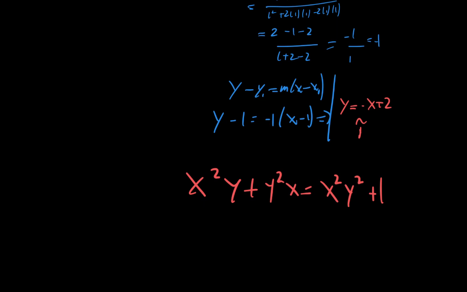So we went from this expression, I should say, and we found that at the point 1, 1, this is our tangent line. If we were to plot this, say on Desmos, and plot this also, we would see that it does indeed only pass at one point. Anyway, thanks for watching.